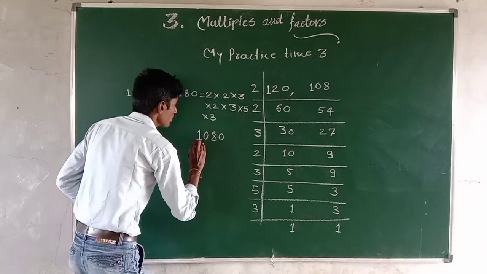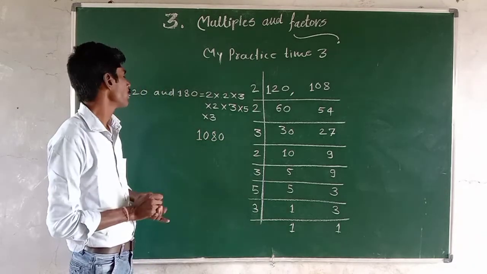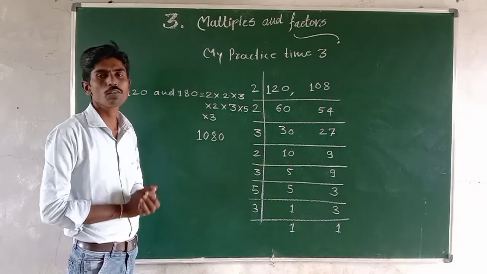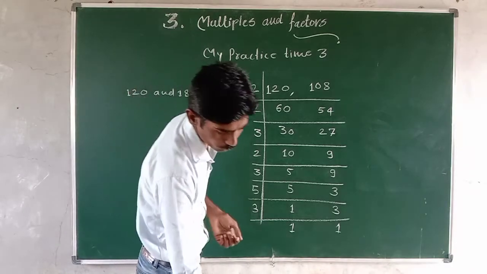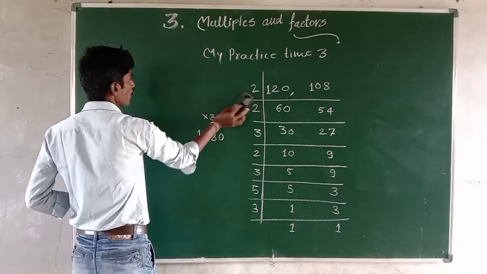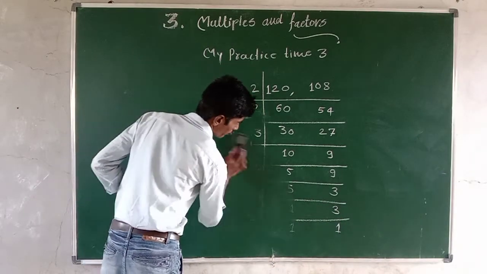So this is the LCM of 120 and 180. So this is the way to find the LCM by the division method.